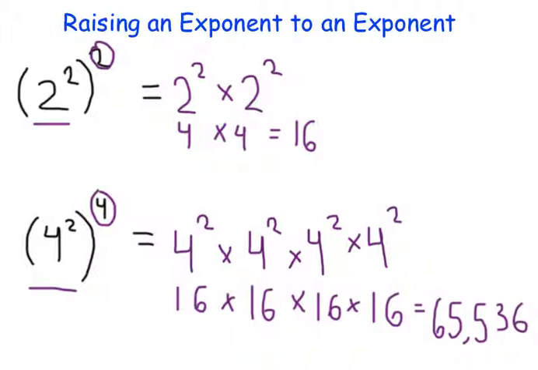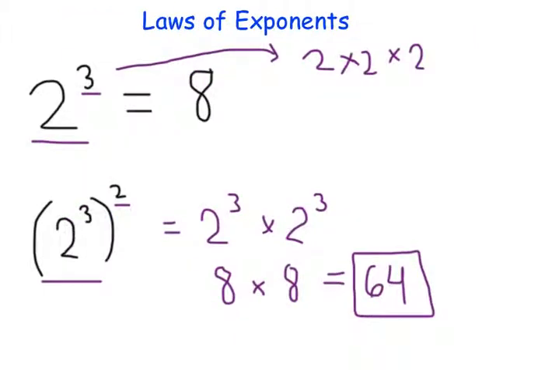Let's look to see if there is a pattern. Going back to the previous page, 2 cubed raised to the second power was 64. If we were to take 3 and 2 and multiply them, we would get 2 to the 6th power. 2 to the 6th power is 64.